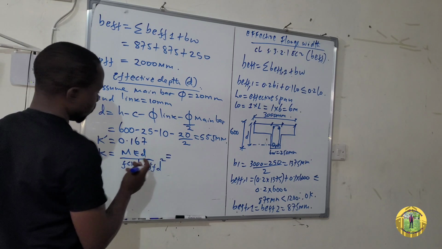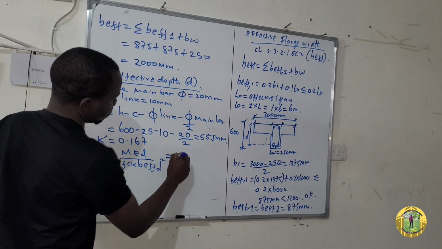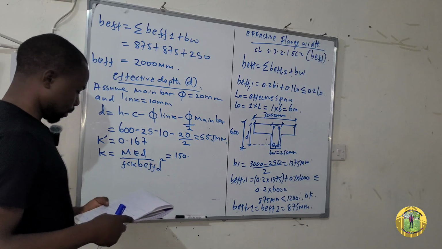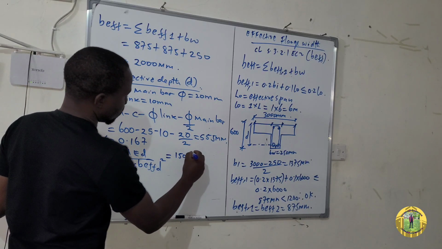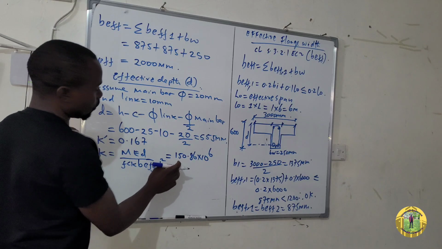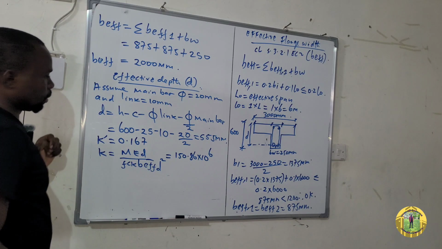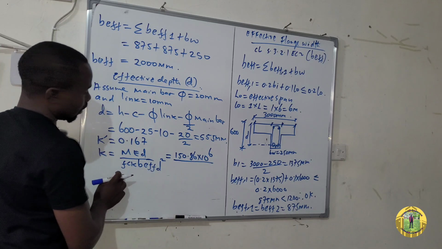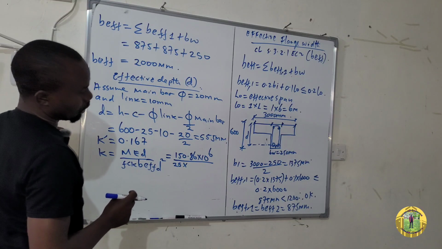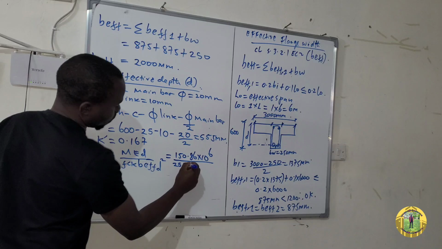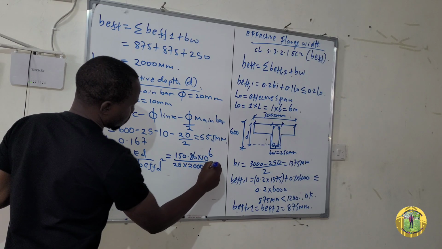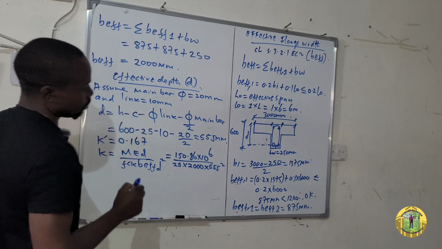So this one is equal to MED, 150.86 times 10 to power of 6, changing it from kilonewton meter to newton millimeter, over FCK is 25 times the effective flange width, which is 2000 times D, 555 square.